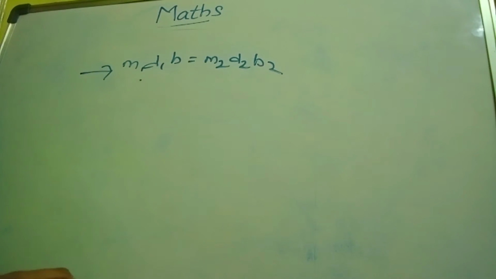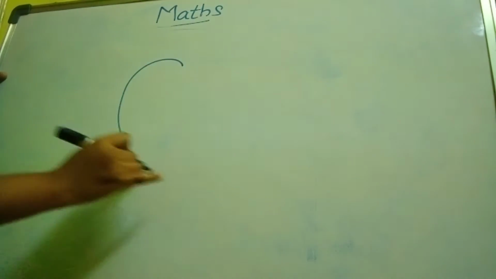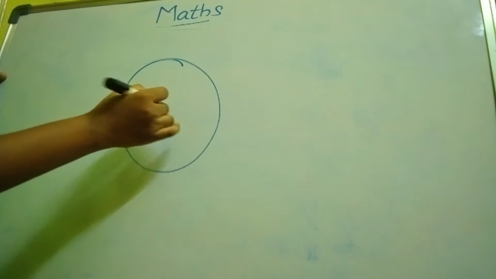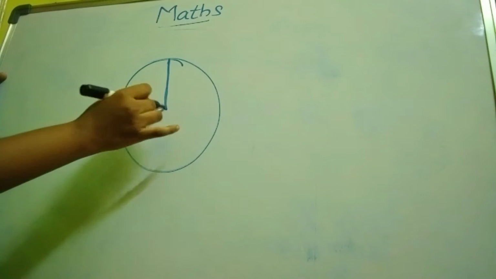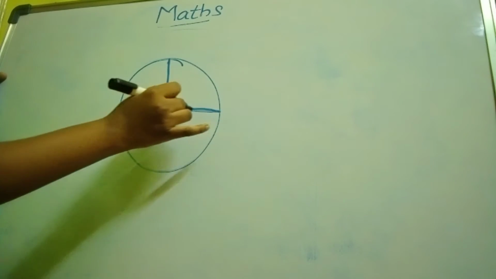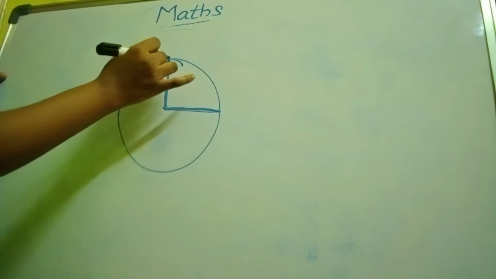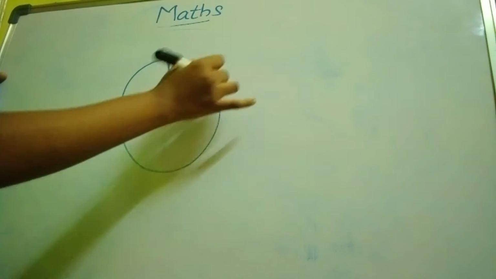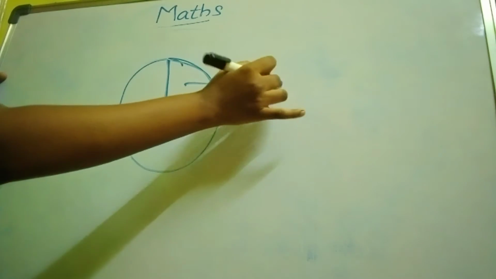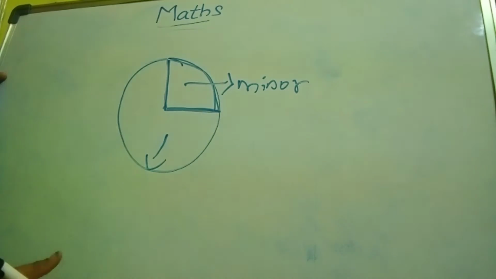Do you know the area of a sector formula? What is a sector? See, this is a circle, this is the midpoint, this is a radius, this is another radius, and this is known as a sector. This is the minor sector and this is the major sector.